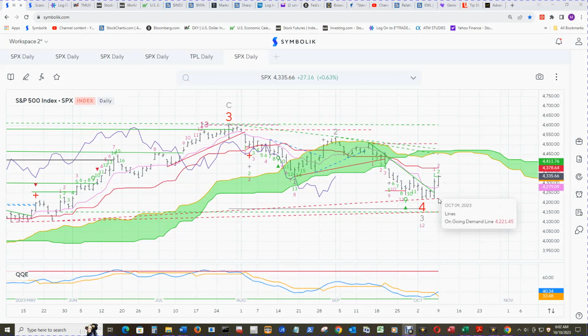Turn around and head south drastically, and today this ongoing demand line is at 42.22.70.